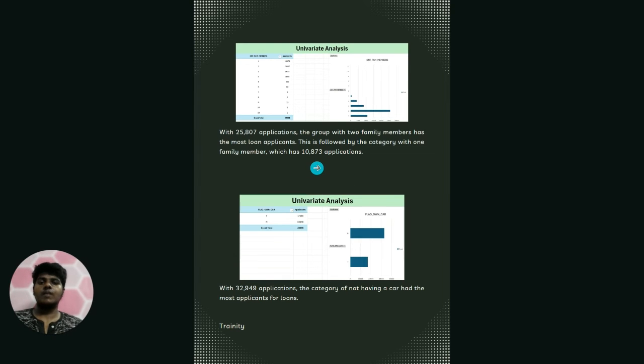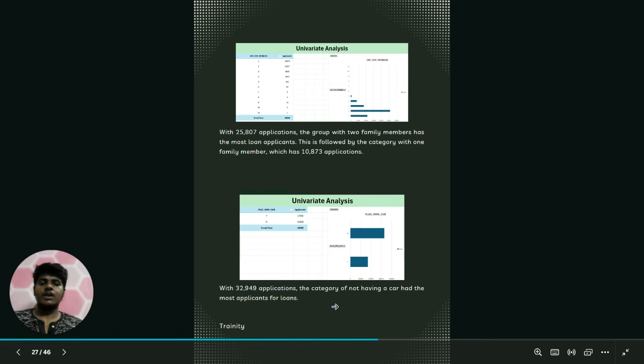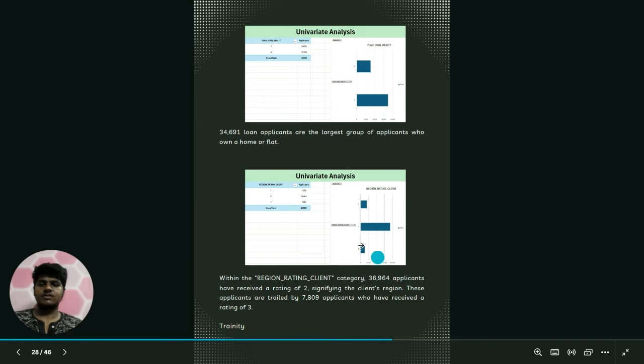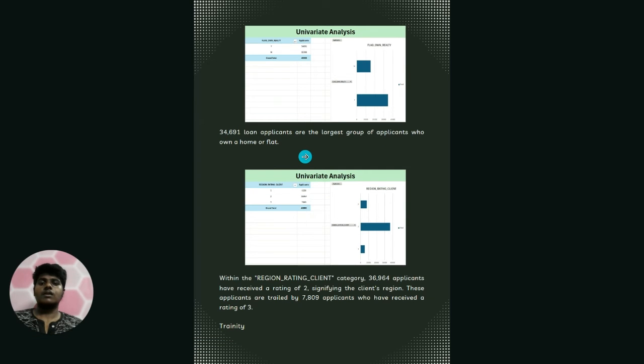When it comes to the number of family members, clients having 2 family members have the highest number of applicants, followed by 1 family member. The category of not having a car has the highest number of applicants. The clients who have their own home or flat have the highest number of applicants.